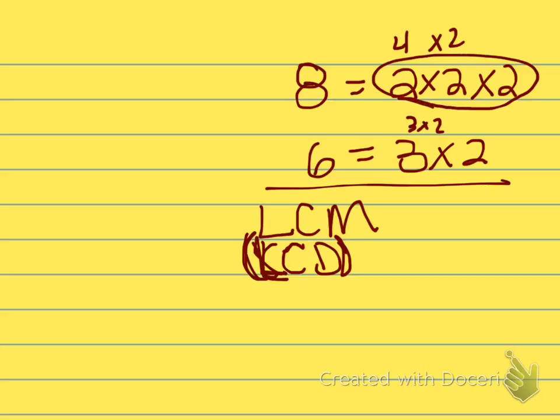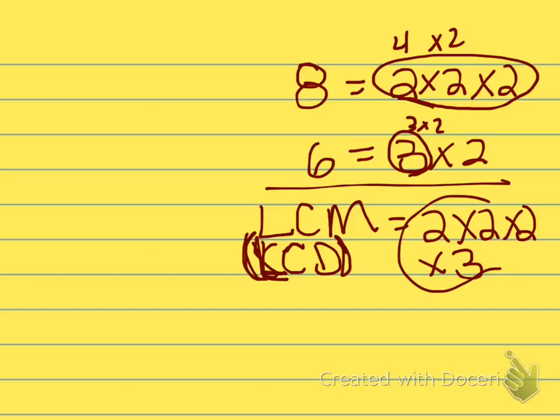These 2's happen lots, and then we have a 3 that's in at least one of them, so you have to include it as well. It only happens one time, but you still have to show it. So 2 times 2 times 2 times 3. Multiply all those together. That's going to be your new common denominator. 2 times 2 times 2 is 8, times 3 is 24. So the least common denominator between 8 and 6 is going to be 24.